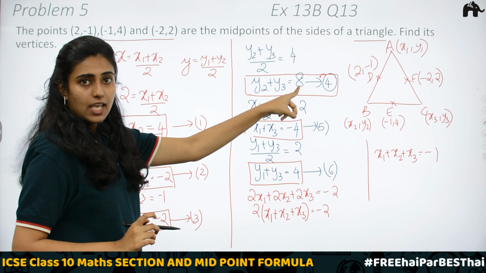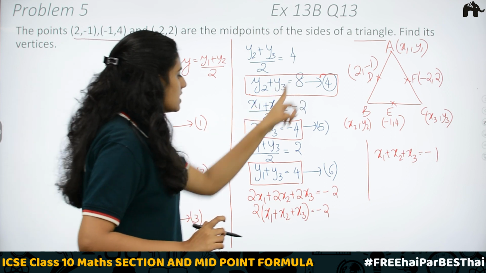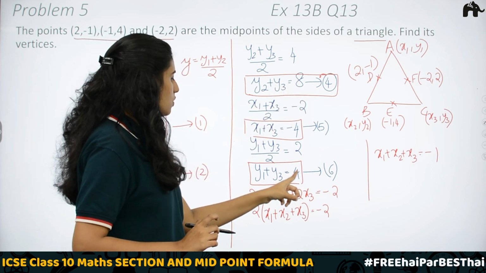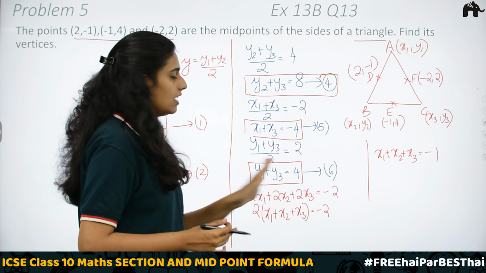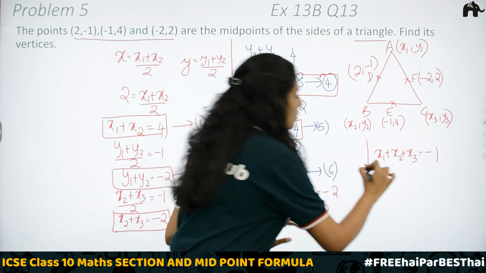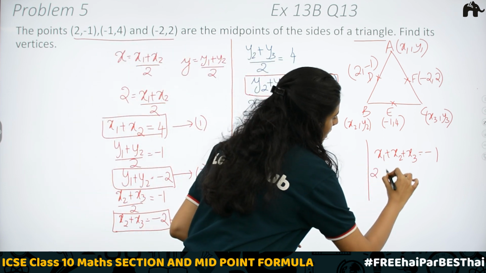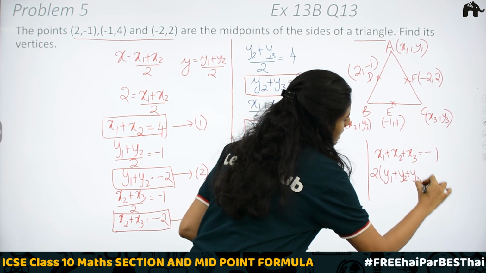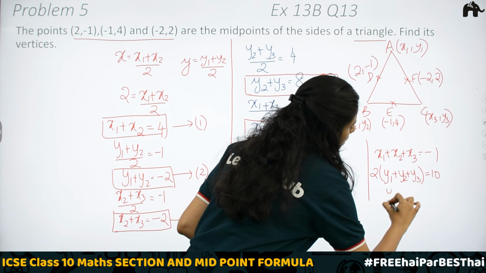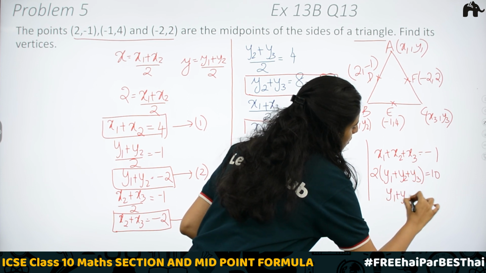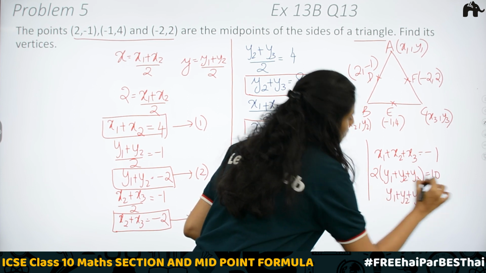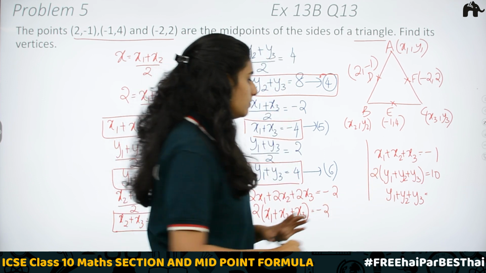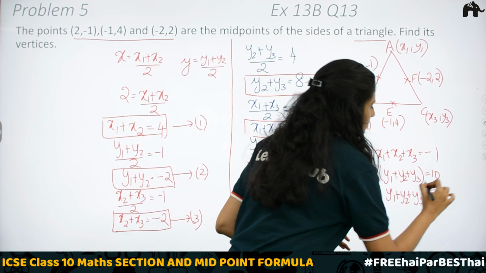Minus 2 plus 8 is 6. 6 plus 4 we get 10. That is 2 times (y1 plus y2 plus y3) is equal to 10, or y1 plus y2 plus y3 is equal to 10 divided by 2, which is 5.